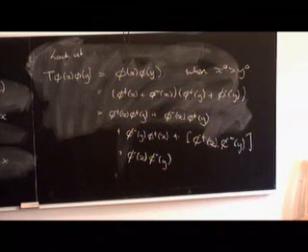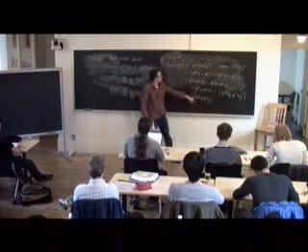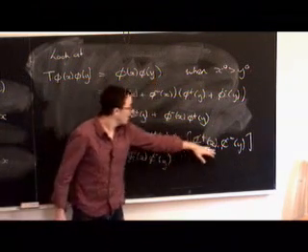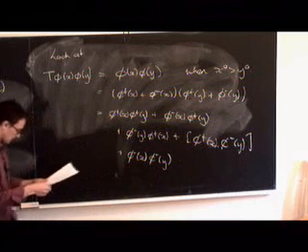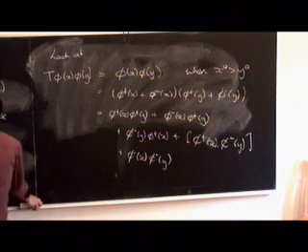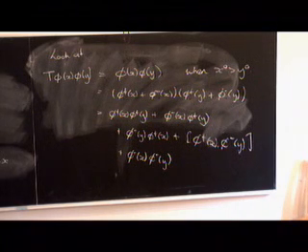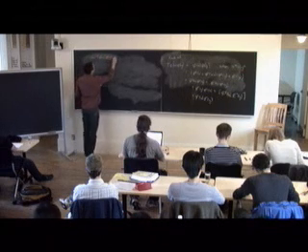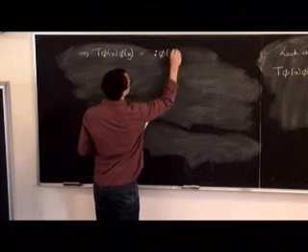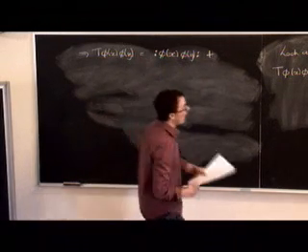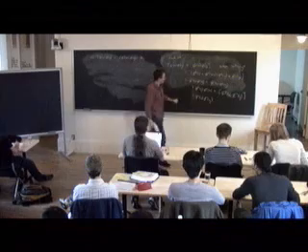Okay, all good? So what have we got? This is the definition of the normal-ordered product of phi x and phi y. And what we're left with is this commutator. So the difference between the time-ordered product and the normal-ordered product when x0 is greater than y0 is this commutator.